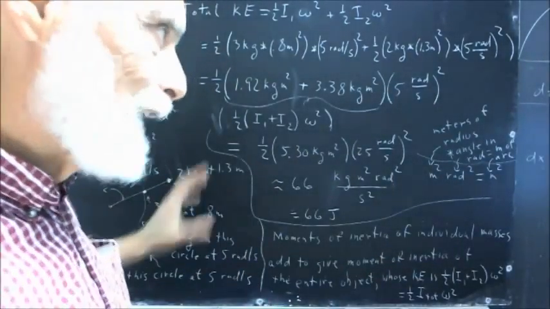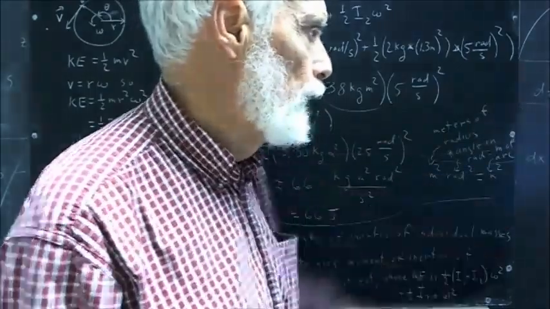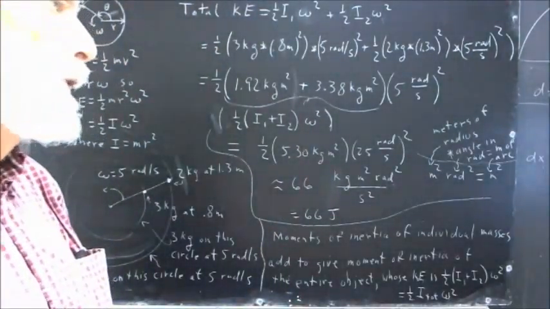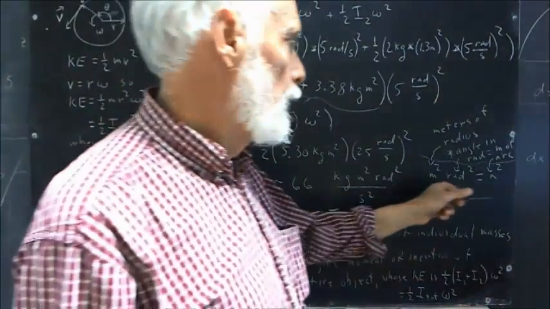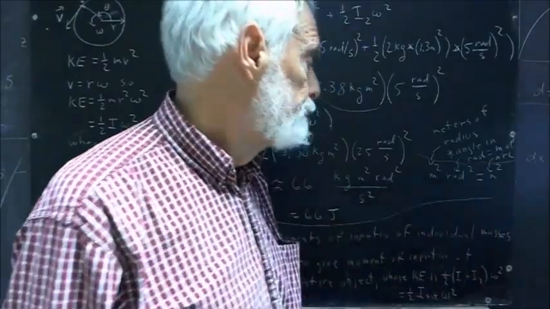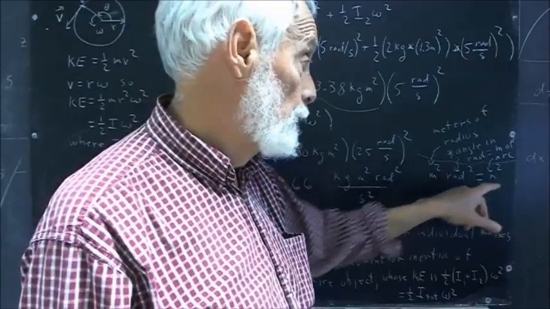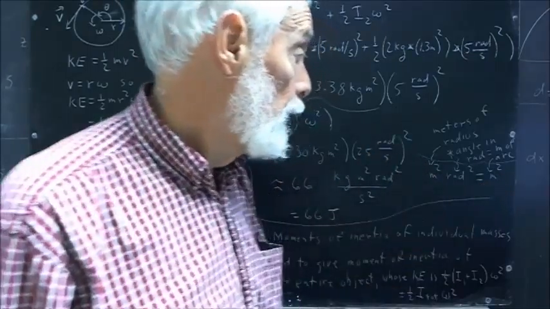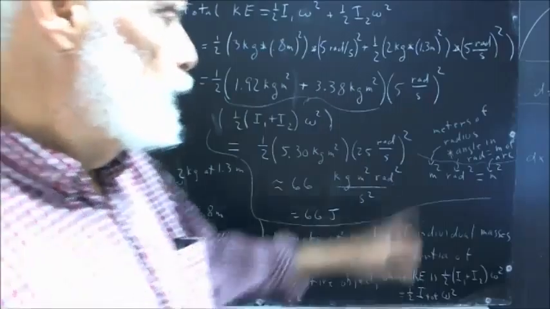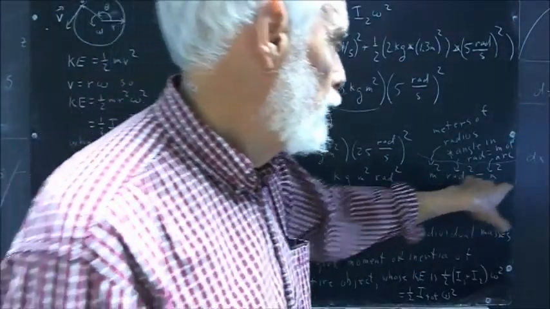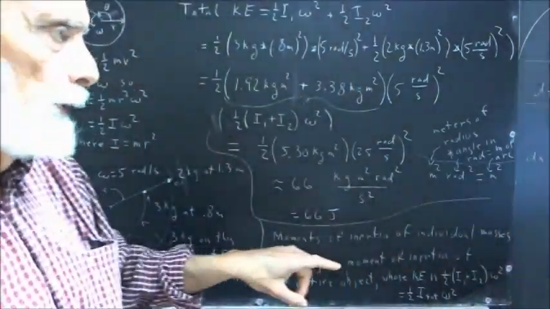Now, you can have some small arguments with that, but that supports the idea that if you multiply meters by radians, you get meters. And if you divide meters by radians, as long as you're dividing meters of arc by radians, you get meters of radius, which kind of justifies the way radians are used in these calculations.